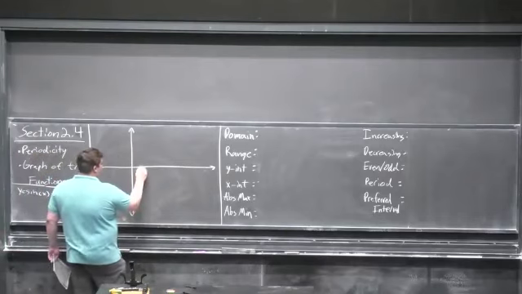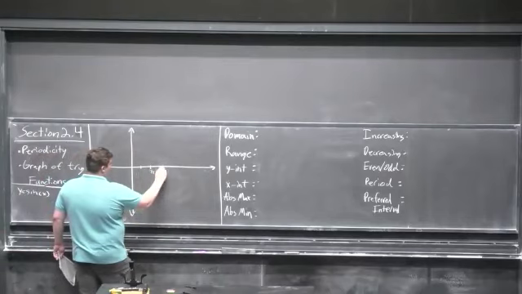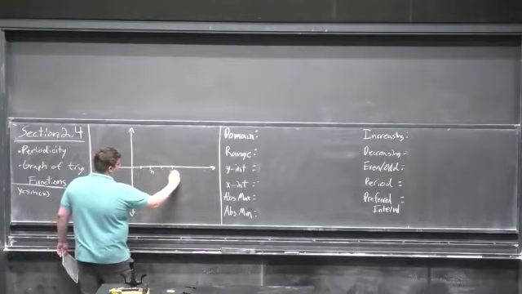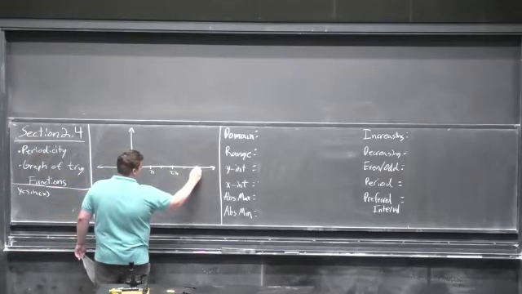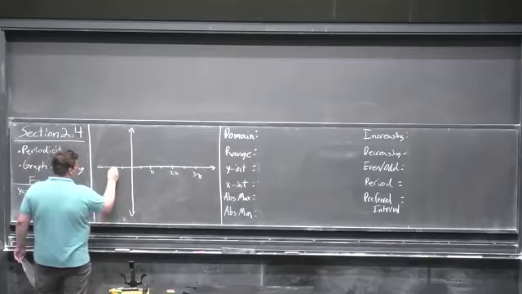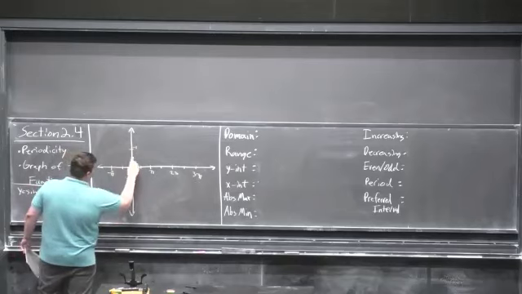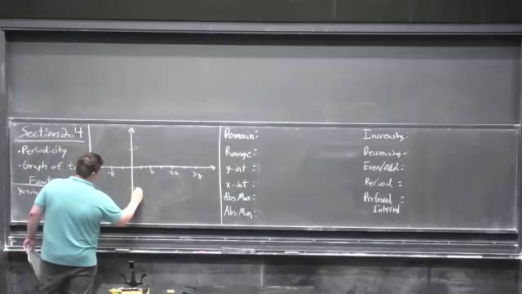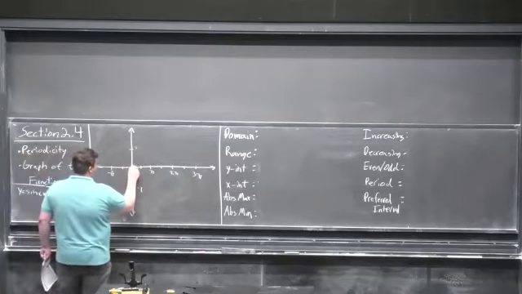Well, let's first mark out, here's pi over 2, pi, 3 pi over 2, 2 pi, 5 pi over 2, and 3 pi. And then here we have negative pi over 2, and negative pi, and 1, and negative 1.